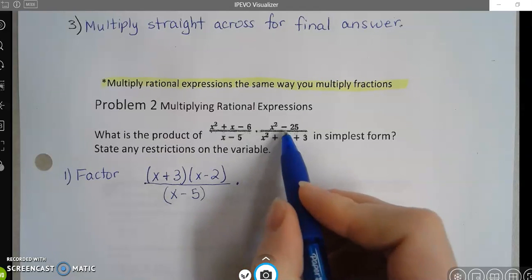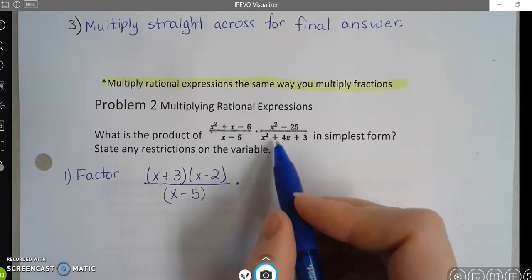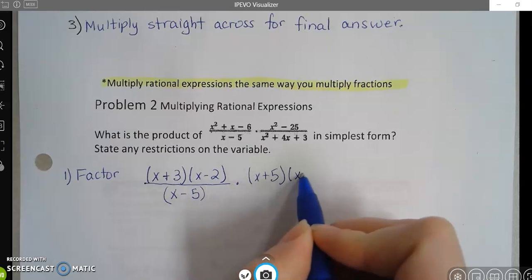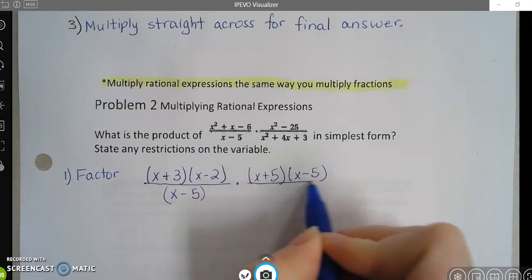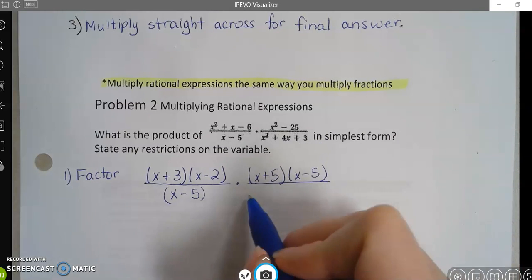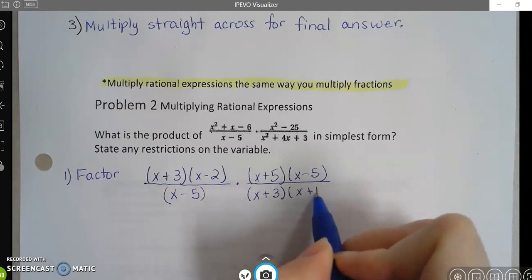Now also factor your second fraction. x squared minus 25 is a difference of two squares, which factors to x plus 5 times x minus 5. x squared plus 4x plus 3 is a general trinomial whose a value is equal to 1, so it factors to x plus 3 times x plus 1.